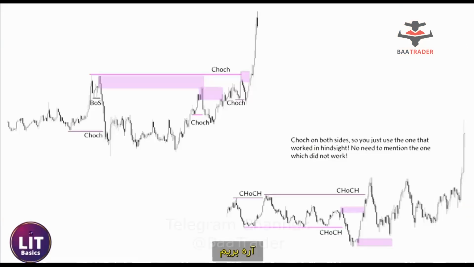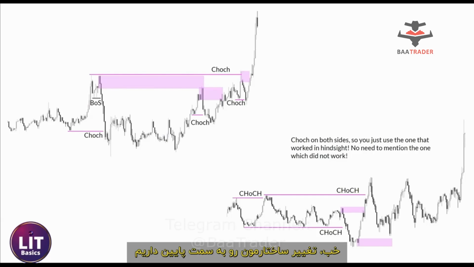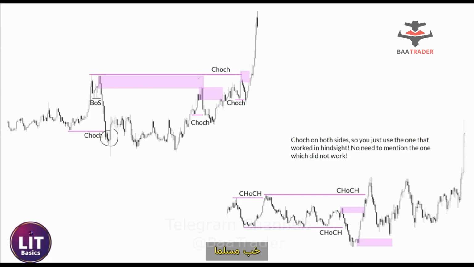So let's get into some examples that they maybe won't show you. Here, what do we have? We have our CHoCH to the downside, so obviously this is where they enter. Amazing.